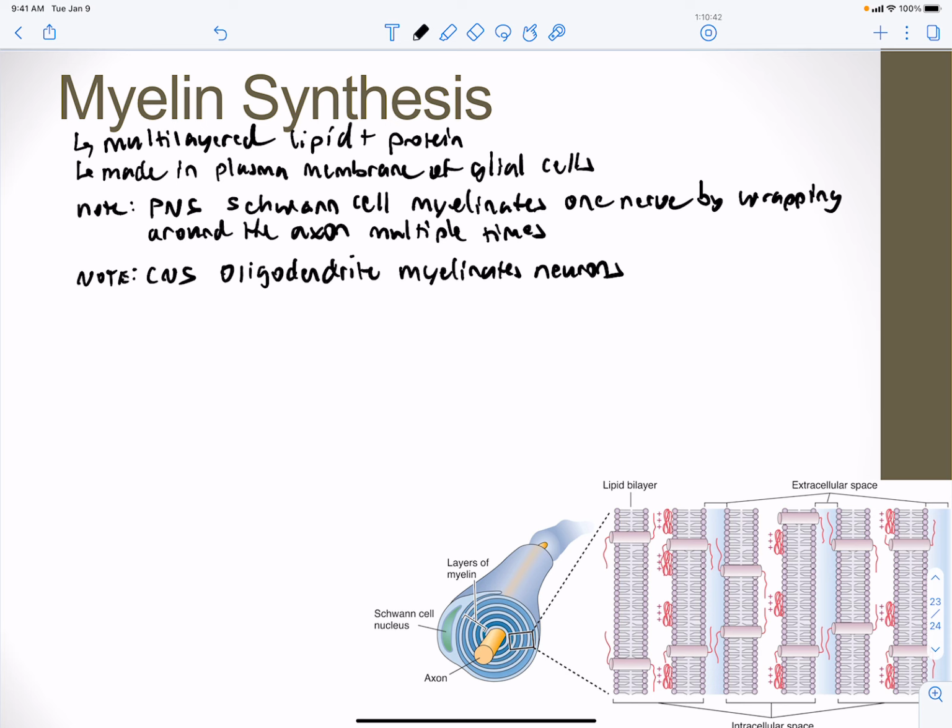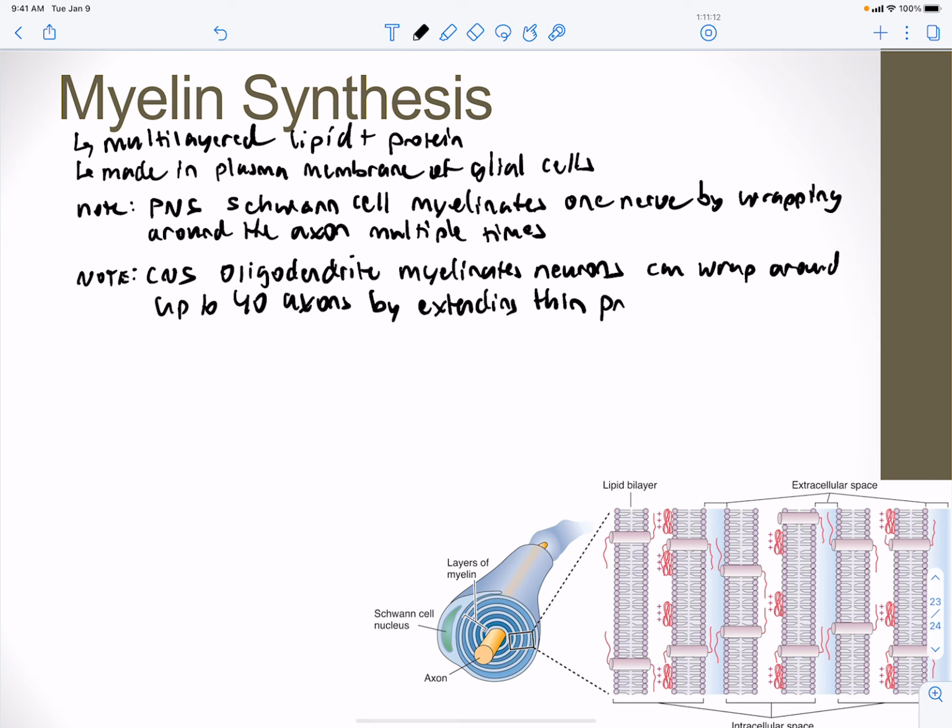So it can wrap around, with multiple processes, multiple axons, multiple times. So in the peripheral nervous system, your Schwann cell can only do one. In your central nervous system, the oligodendrocyte can myelinate numerous axons.